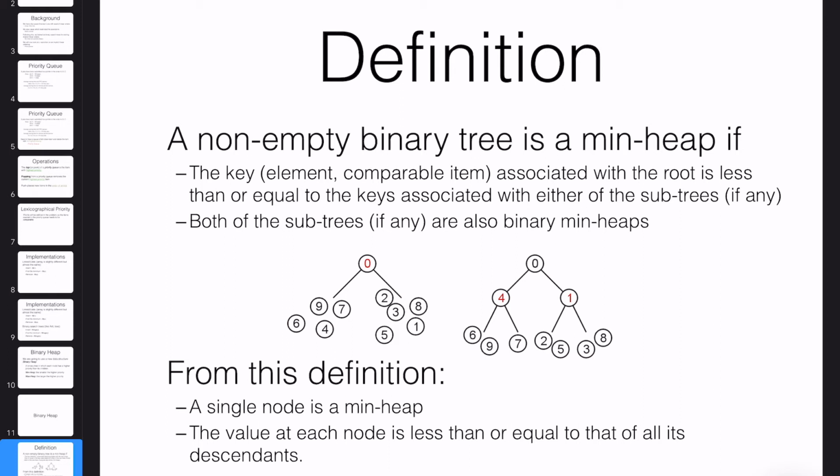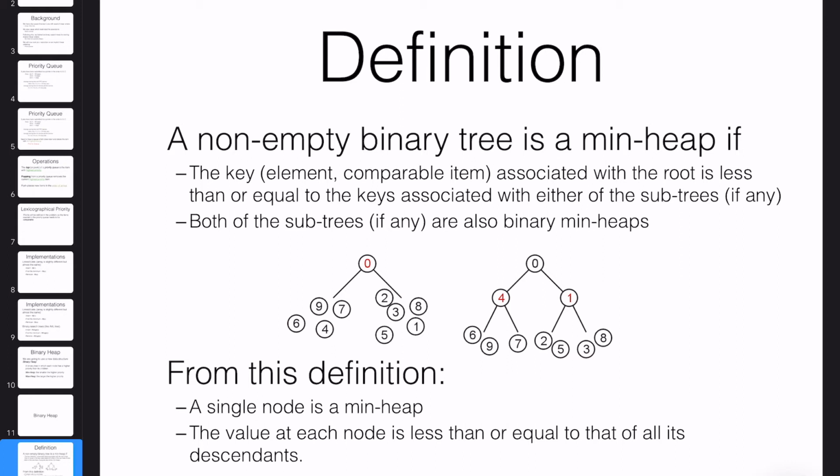We will say that a non-empty binary tree, so binary heap is going to be a tree, and it is a binary tree. So the name binary heap is actually telling you that this is going to be a binary tree.